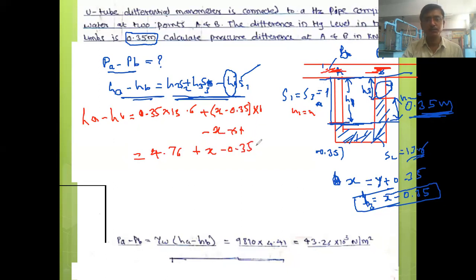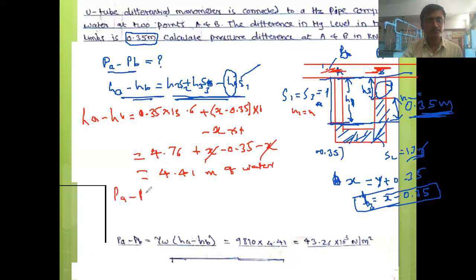If we multiply by one, we get the same value, minus X. So this X will get cancelled here, and I will get HA minus HB is equal to 4.76 minus 0.35, which is 4.41 meter of water. This is HA minus HB.